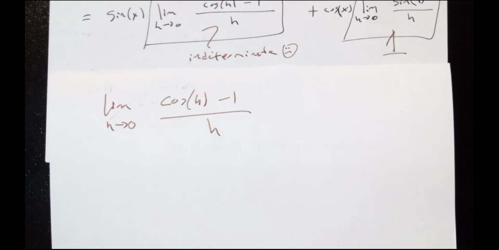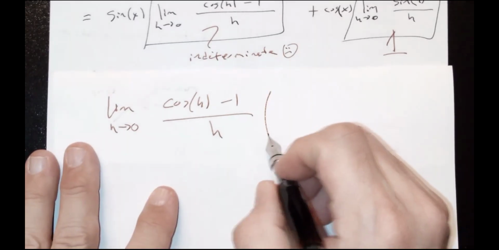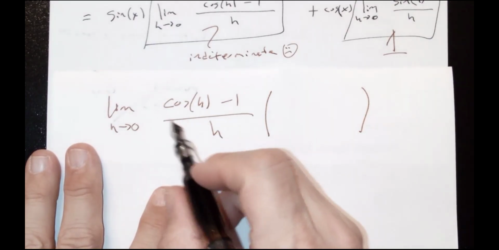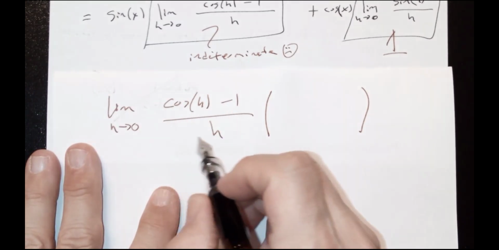Now, when I was doing indeterminates, I tried to factor, but I don't have any powers to try and factor out here. There were a couple of ones where I tried, instead of to factor something out, I multiplied something in. And I would multiply by 1, because that's the only thing I know how to multiply by that doesn't change stuff up. But I can make that 1 look however I want. So I'm going to multiply by 1. But the one I'm going to pick is going to be the opposite expression here.